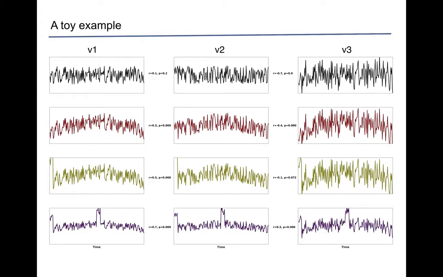So again, that makes it hard to find the true relation between given voxels. For this example, I knew what the ground truth is because I made them. But in reality, we don't really know what the true relationship between these time series is, and that true relationship can easily get masked by different sources of noise.